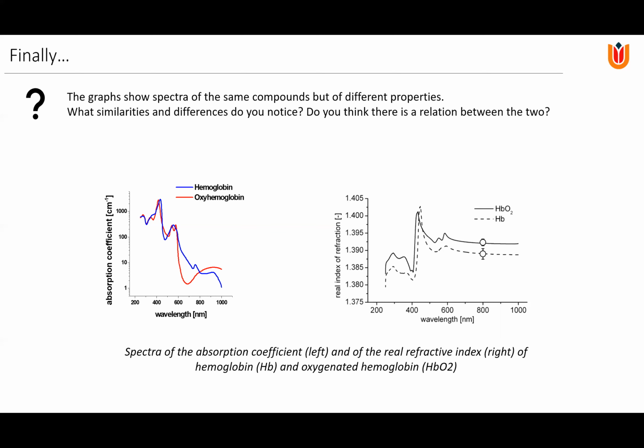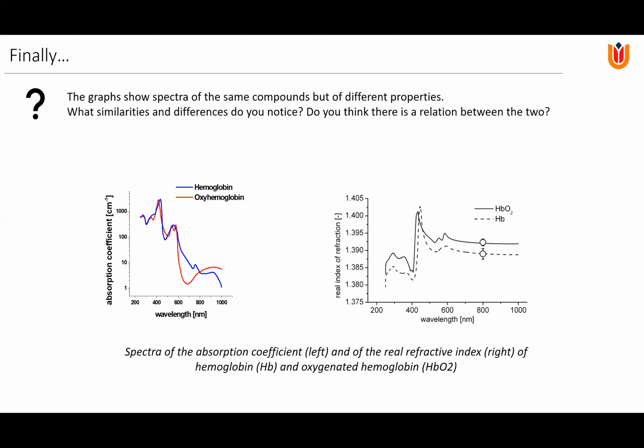Something about the shape, maybe? With the absorption coefficient and the index as well. Yeah, that's also true. It's even more pronounced on this log scale that it really drops and then also drops a little.